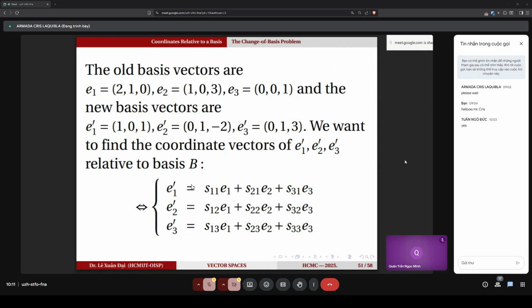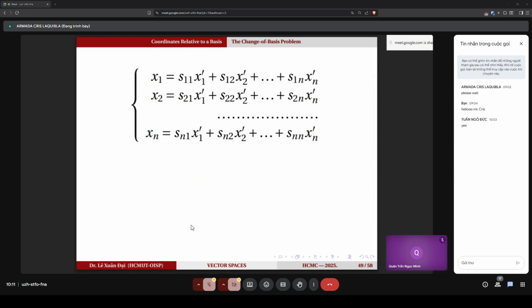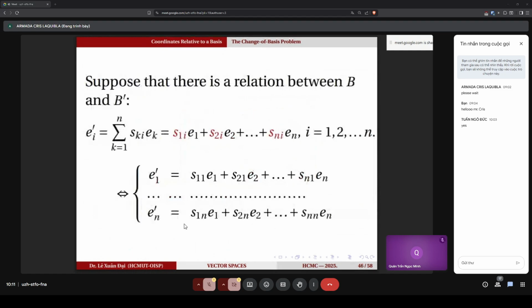Now, for this one, E1 prime is equal to S11 E1, S21 E2, S31 E3. We just follow this format here for your E1 prime. So S11 E1, S21 E2, and the next is S31 E3. Correct?